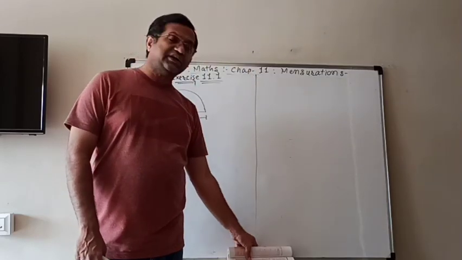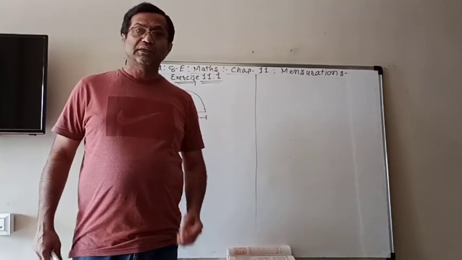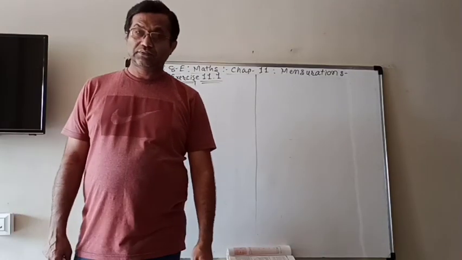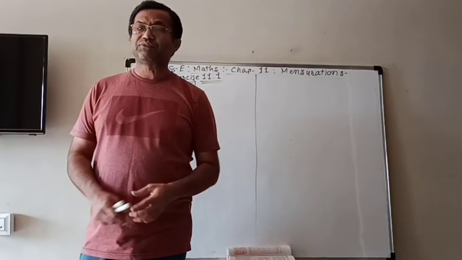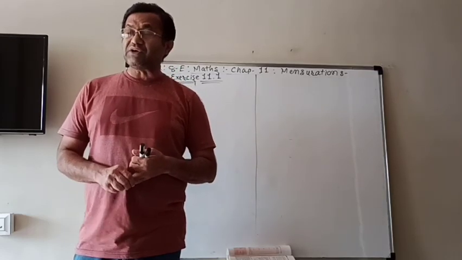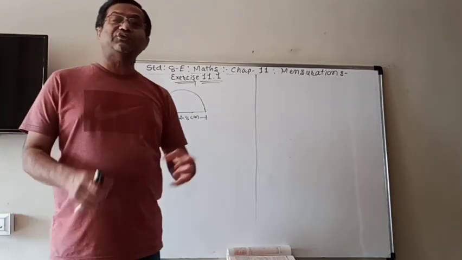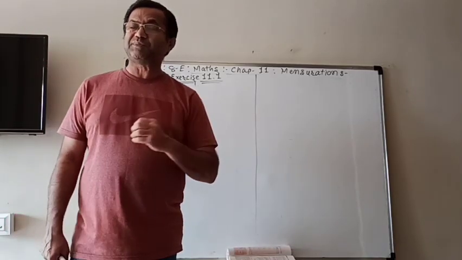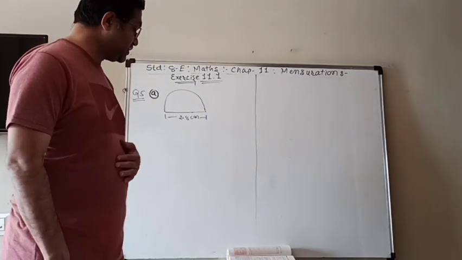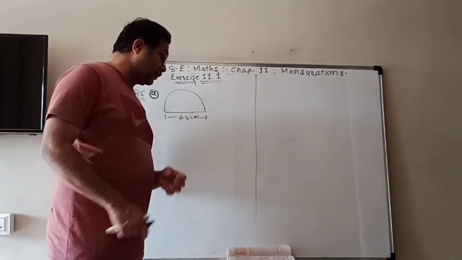So here three different types of shapes are given. Now we have to find in which food piece the ant has to take a longer round. It means that we have to find the perimeter of all the three pieces and then check whose perimeter is the highest one.